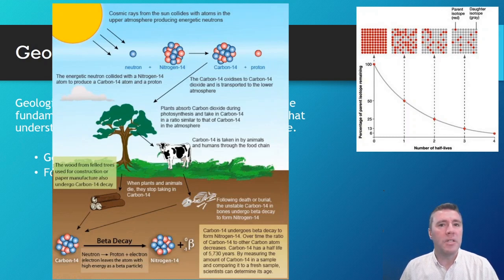Carbon-14 dating is used to date organic materials up to about 50,000 years old by measuring the decay of carbon-14 isotopes in the sample. Potassium-argon dating is useful in dating rocks and minerals between 100,000 and several billion years old by measuring the decay of potassium-40 into argon-40 isotopes.